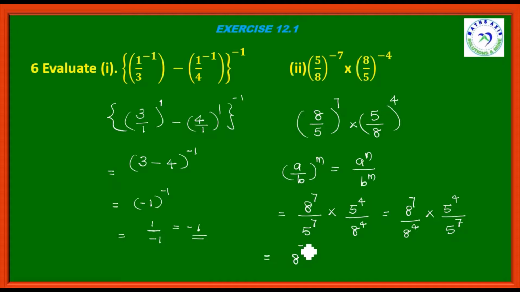So 8 raised to 7 minus 4 into 5 raised to 4 divided by 5 raised to 7 comes 5 raised to 4 minus 7, which is equal to 8 raised to 3 into 5 raised to 4 minus 7. 4 minus 7 is minus 3.